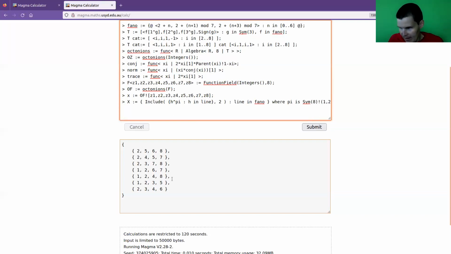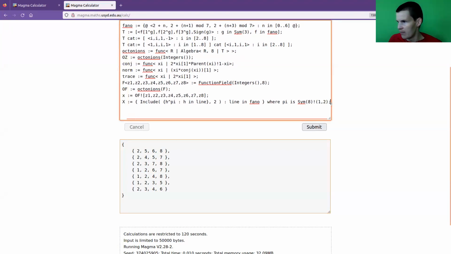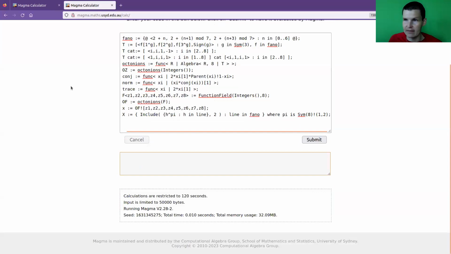And you get kind of those guys here. So this is, for example, a line in the Fano plane, and in this case, the first element is just what it is. So nothing really exciting happening. Just setting up a certain set X.